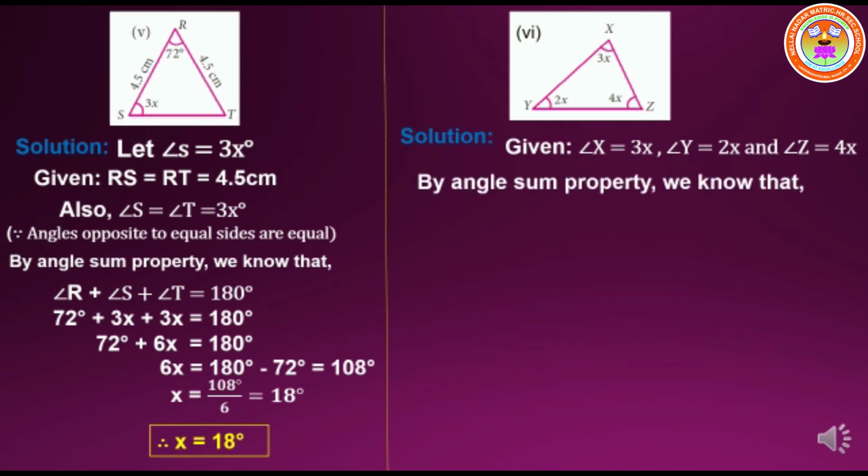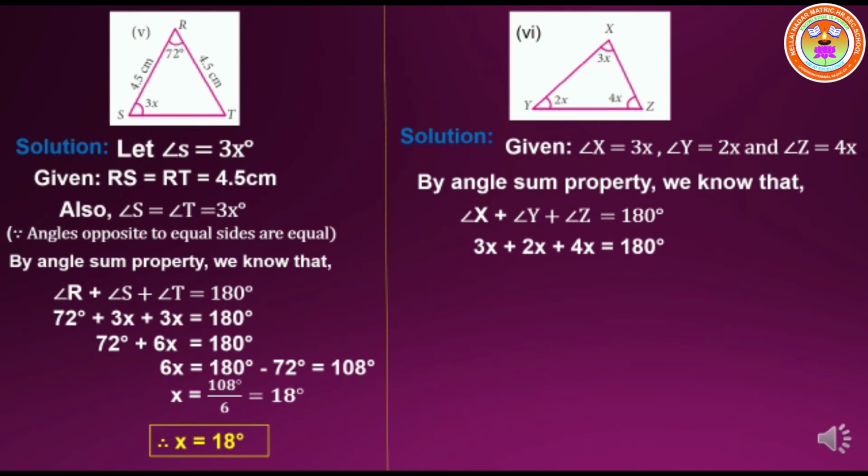Now, by angle sum property, we know that I am going to add all the values x, y and z. So, adding angle x plus angle y plus angle z is equal to 180 degrees. Now, in the place of x, y and z, I am going to substitute the respective angles, that is 3x plus 2x plus 4x, that is equal to 180 degrees.